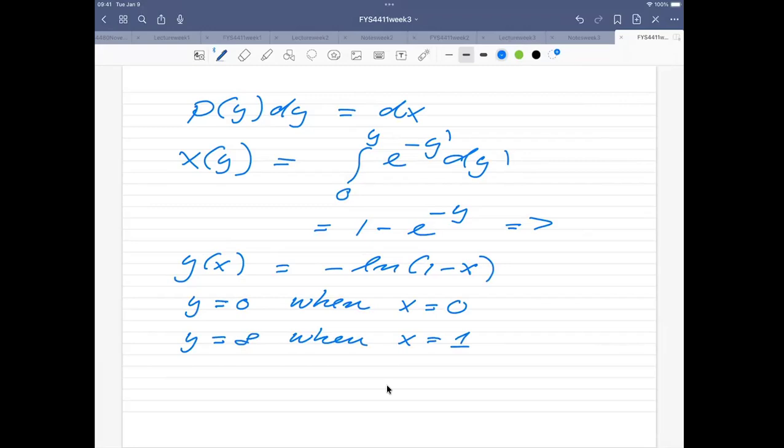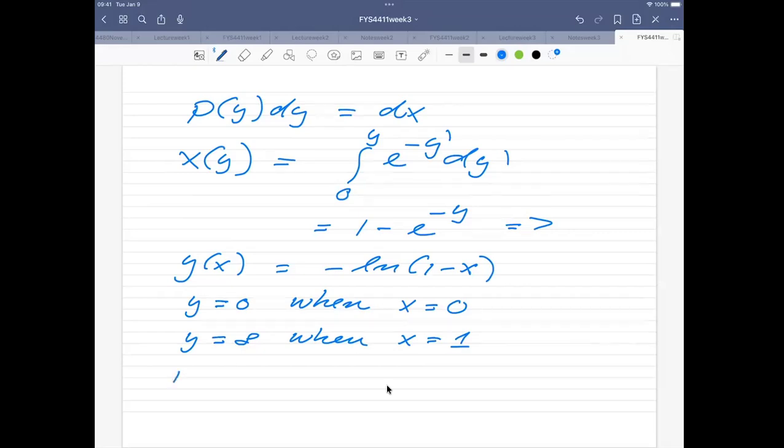So this is actually going to give us infinity. So what we have done now is to make a mapping to a new domain where we have a variable which is defined from 0 to infinity. So this is a typical example of a change of variables.